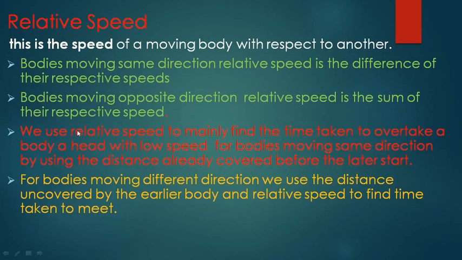So when bodies are moving in the same direction, let's say they are moving from Nyeri to Nairobi, both going the same direction, one might be running at a higher speed than the other. To find the relative speed, we subtract their respective speeds.